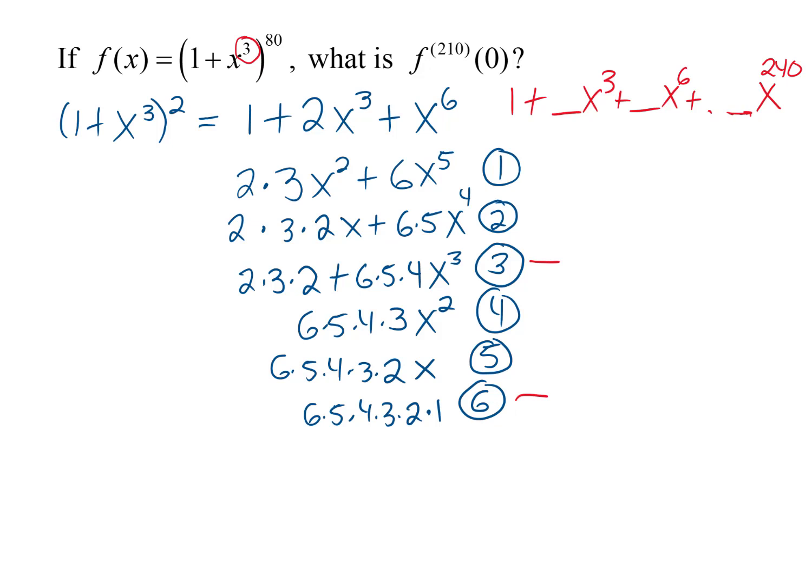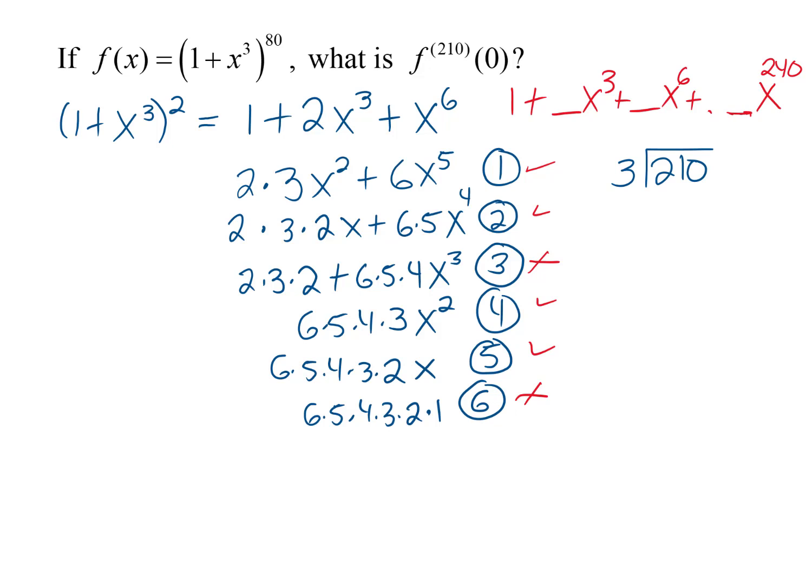So when we start taking derivatives of that, if it's not on a multiple of 3, like when we did the first, the second, the fourth, and the 5th, there's still going to be an x in there, and when we evaluate that at 0, it's going to be 0. So only these multiples of 3 will give us an answer that's not 0. So the first thing we're going to do is say, well, we want the 210th derivative, and our power on x was 3.